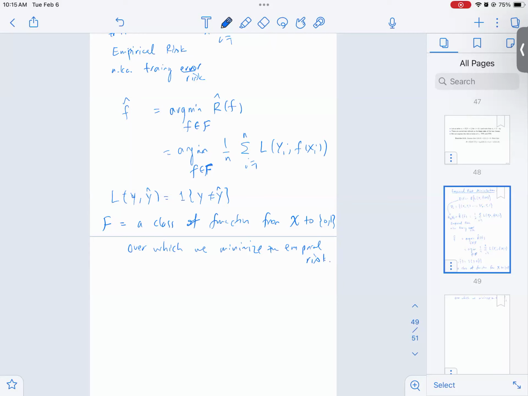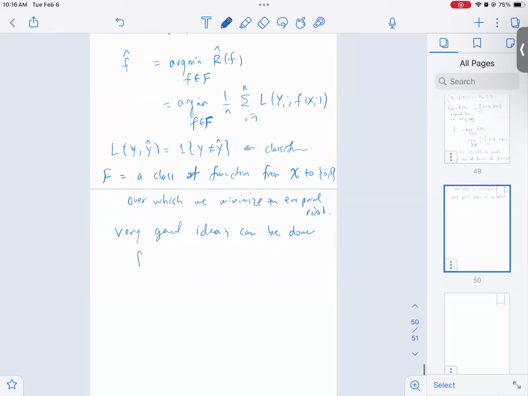This is for classification, but I can do it for regression too. It is a very general idea that can be done, in principle at least, for any loss function.